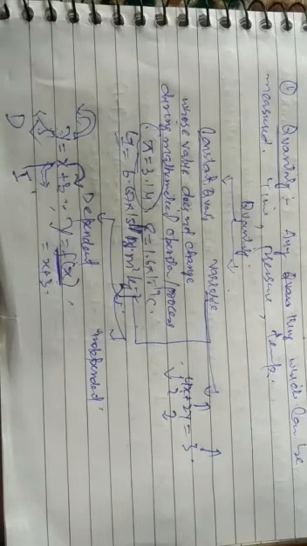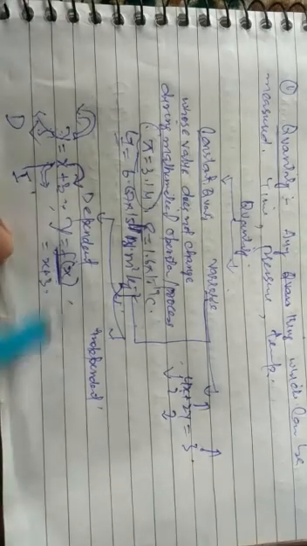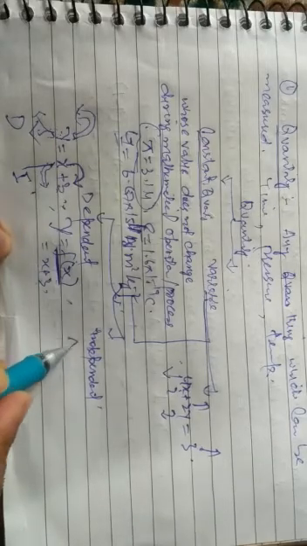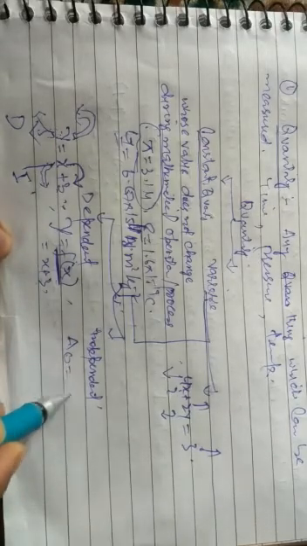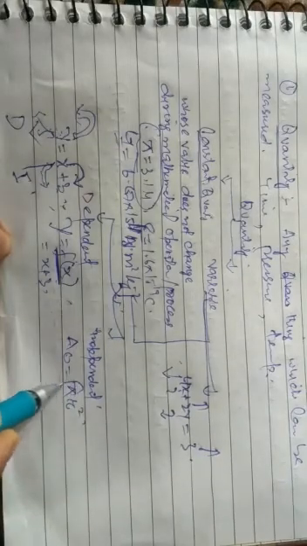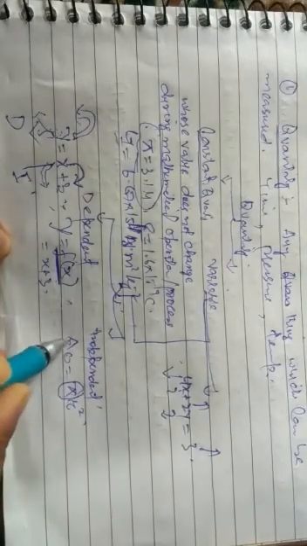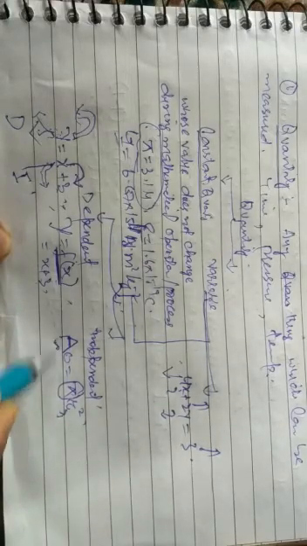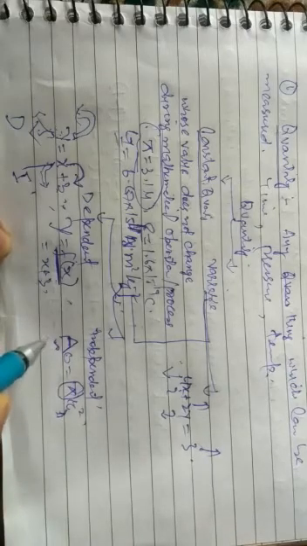As usual, we know the area of a circle. Area of a circle equals what? Pi r square. As pi is an absolute constant, now area will depend upon only one thing. If r changes, area will change. If r is smaller, area will be smaller. If r is bigger, area will be bigger.